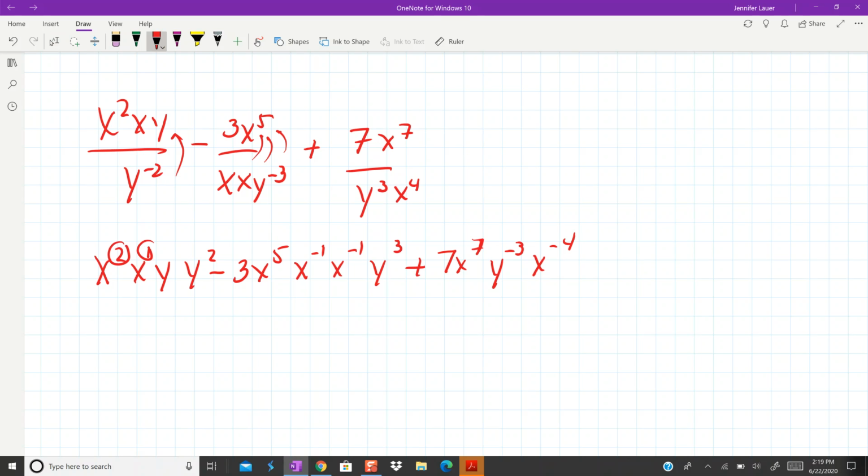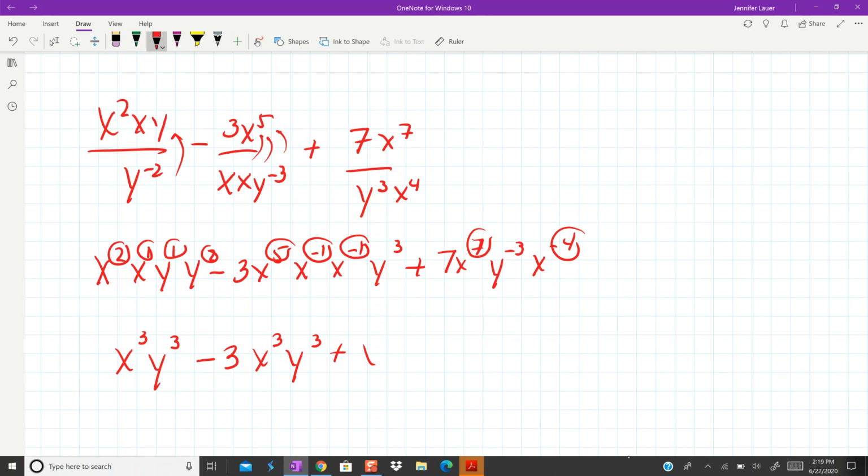So this will be 2 plus 1, which is x cubed. This will be 1 plus 2, which is y cubed, minus 3. 5 plus negative 1 is 4, plus negative 1 is 3. And then I'll just bring down the y, nothing to combine it with. 7 minus 4 is x to the third and y to the negative 3.